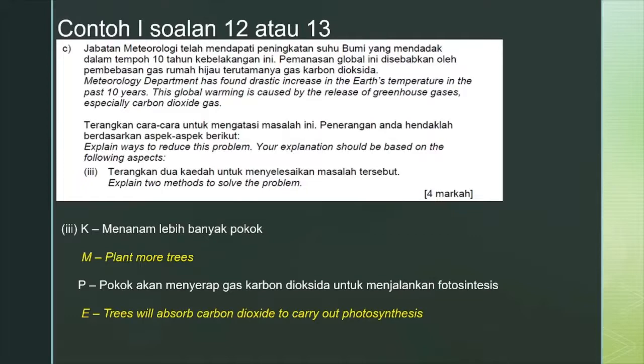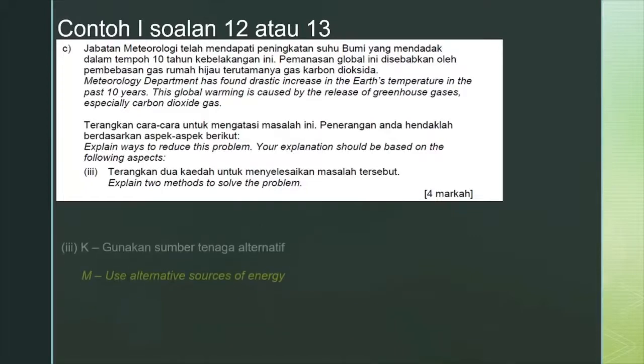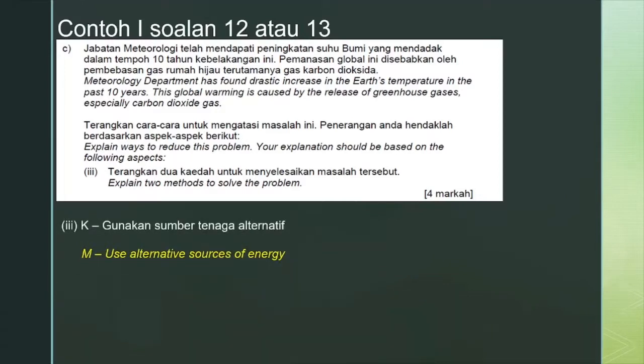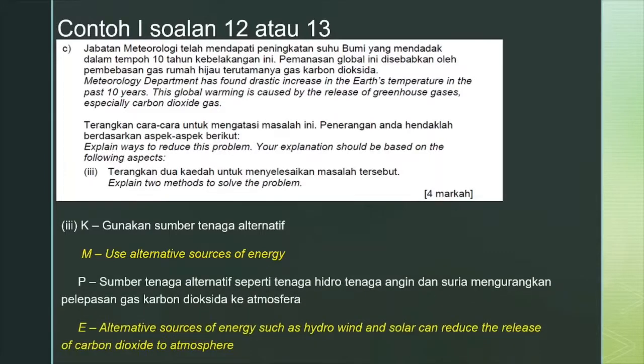Baik, cikgu akan bagi lebih lagi. Lebih lagi kaedah. Gunakan sumber tenaga alternatif. The third method we can use alternative sources of energy. Penerangan dia, sumber tenaga alternatif seperti tenaga hidro, tenaga angin dan suria mengurangkan pelepasan gas karbon dioksida ke atmosfera.